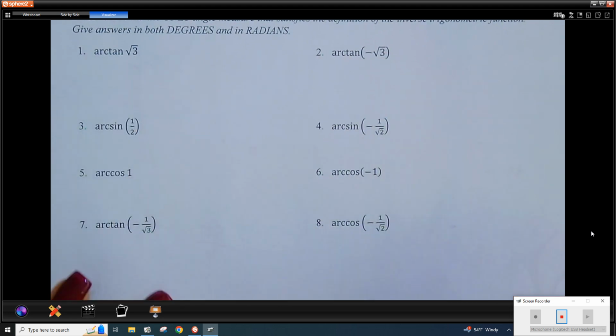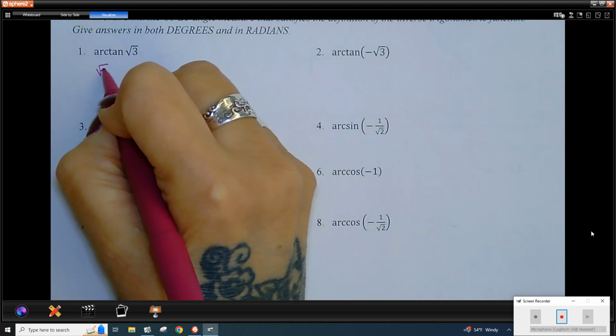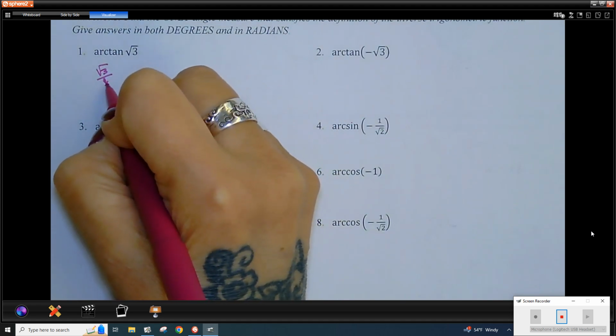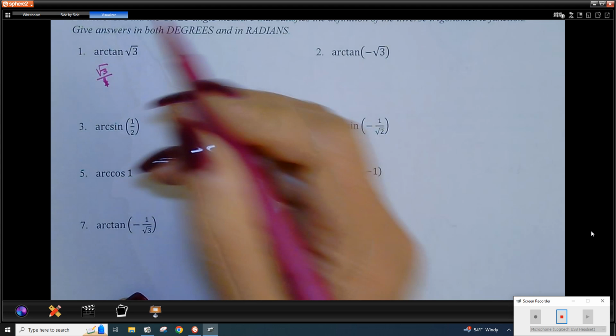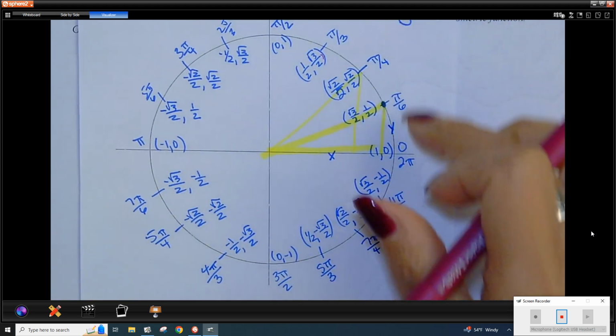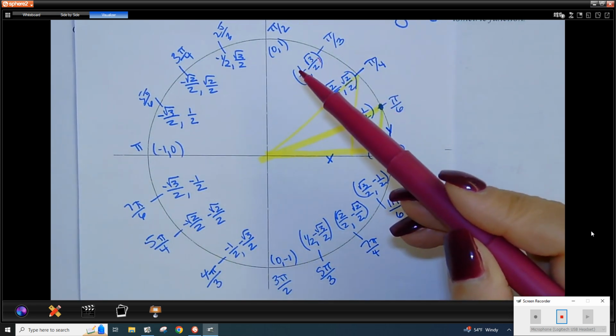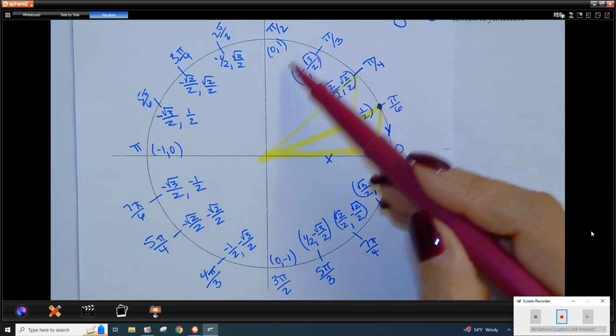Tangent, so this is the same thing. Tangent is y over x. That's a 1. So which one has a y numerator? Tangent, remember, is in this half: square root of 3, and the x numerator 1. It is pi over 3.